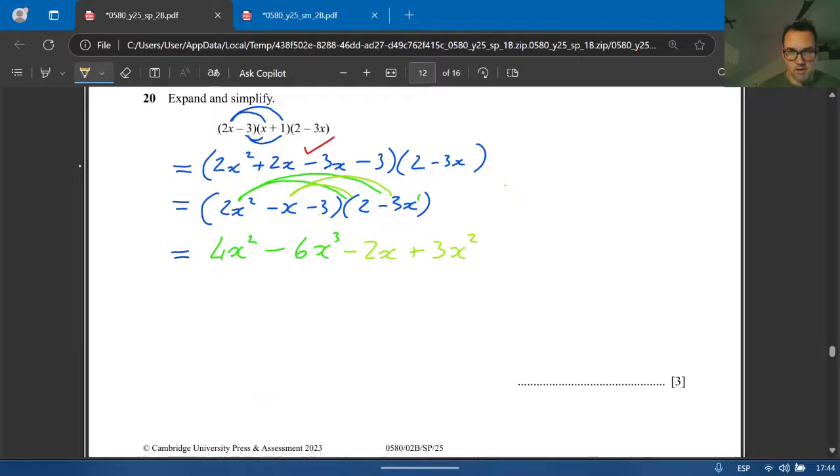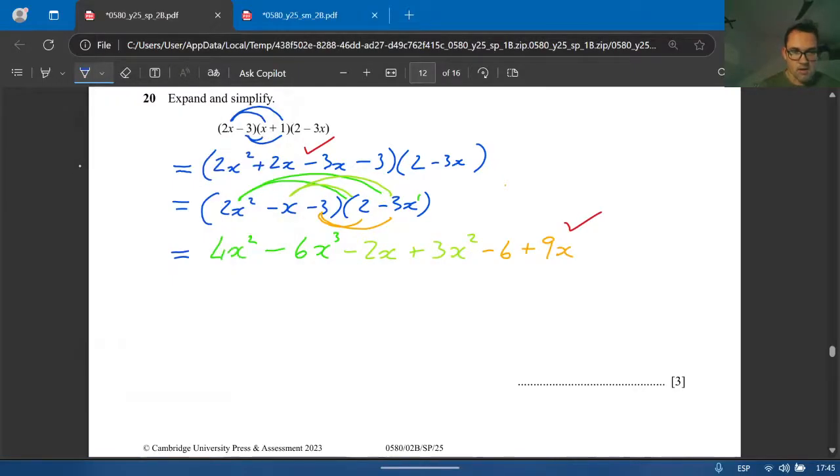Last is the minus 3 times 2 is minus 6. And then a minus and a minus gives us a plus. 3 times 3 is 9. And there's only this x here. Oh, bam, we got it. Right, you get that right. If you make one mistake, you can still get this 1 mark. Same here. If you wrote a plus there, you can still get 1 mark there.